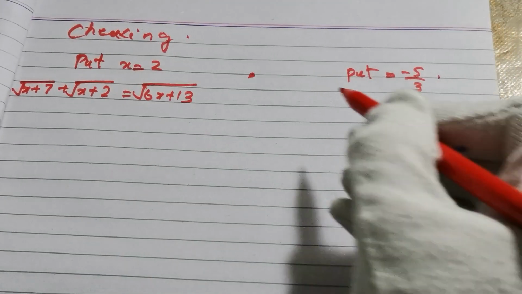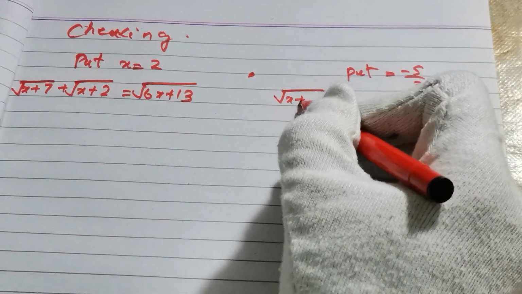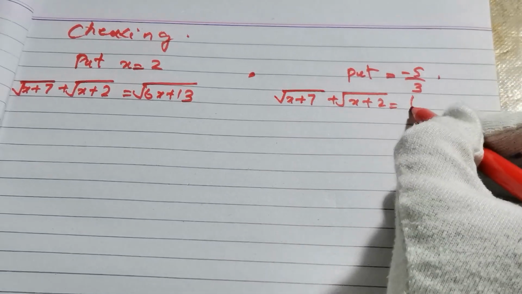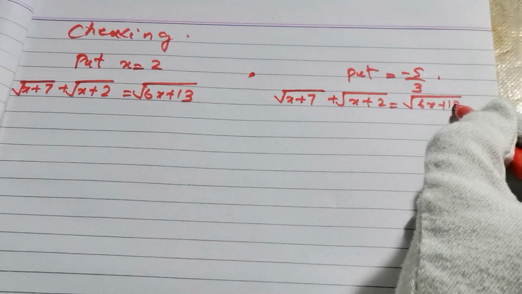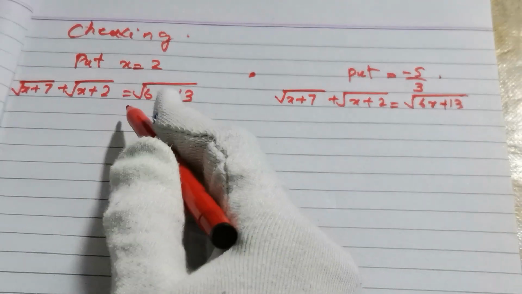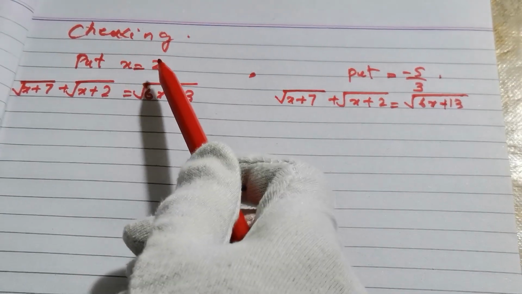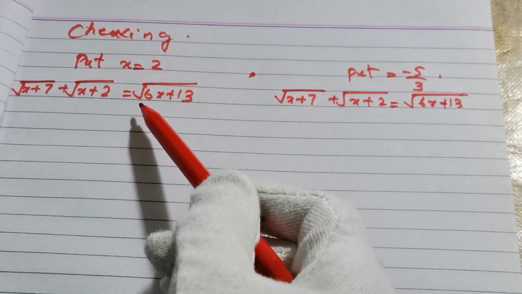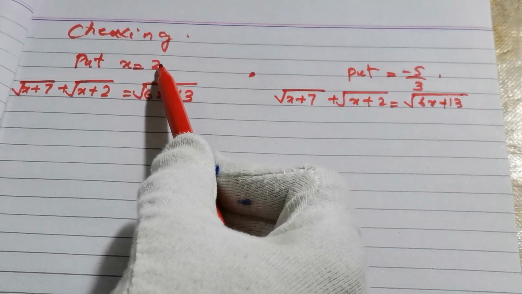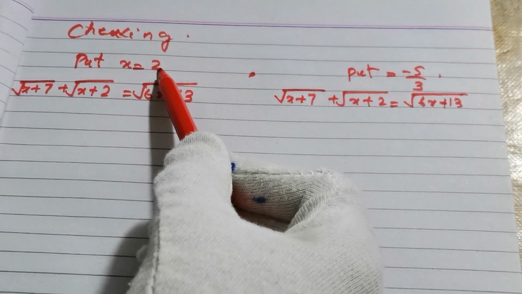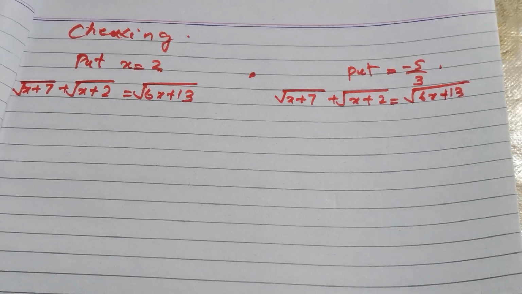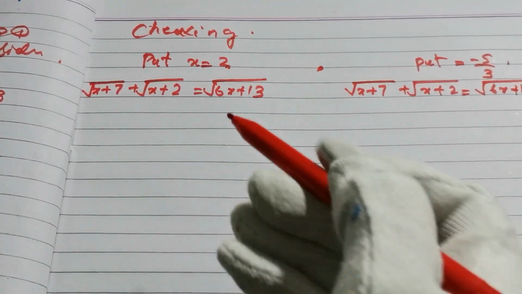If the left hand side becomes equal to the right hand side after putting x is equal to 2, then we can say this is our solution set, this is the root of the solution set. And if it is not equal, then we consider this is an extraneous root.